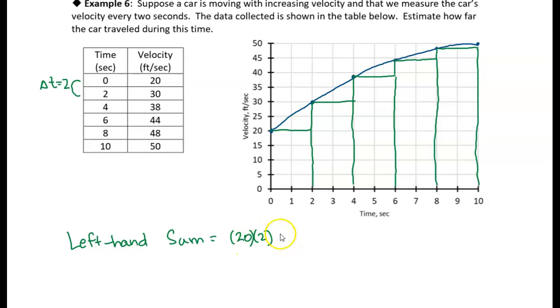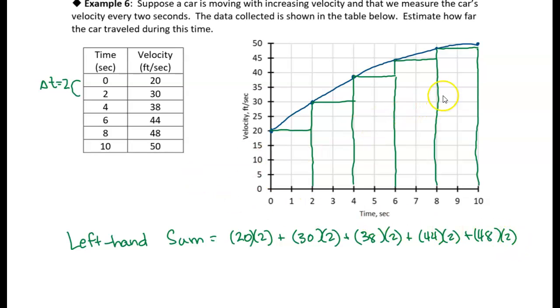And then I'm going to add to that, I've got 30 units high by 2 units wide. And then the next one is 38 times 2. And the next rectangle is 44 times 2. And then finally 48 times 2.